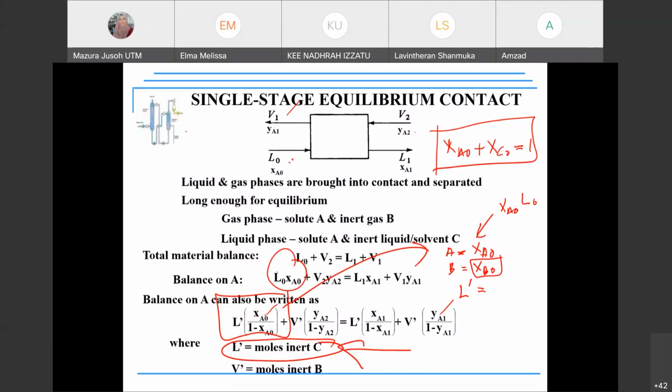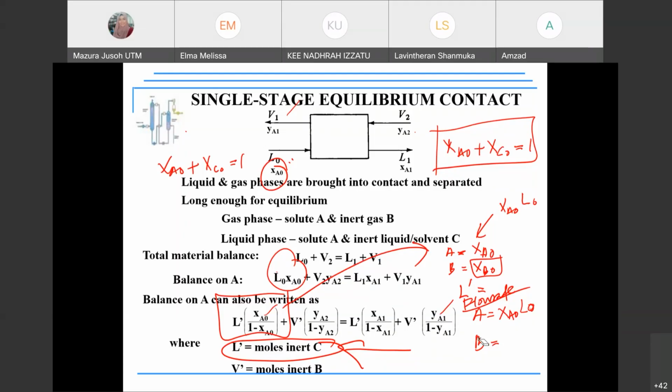Can anyone tell me? The flow rate of A is XA naught times L naught. Now for C, what is it? The flow rate is the number of moles per time. If you have here XA naught plus XC naught equals 1.